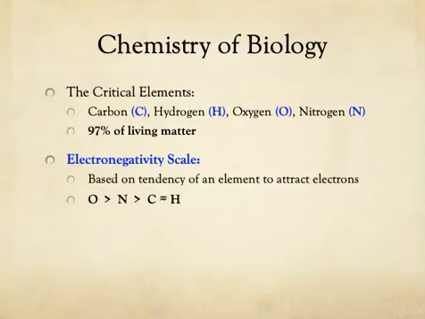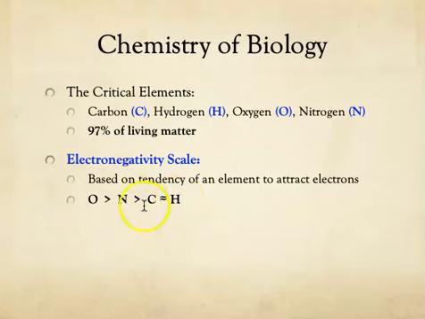The highest electronegativity is found in oxygen, relative to the other 3 at least. Next in the group is nitrogen. And nitrogen is followed by both carbon and hydrogen.